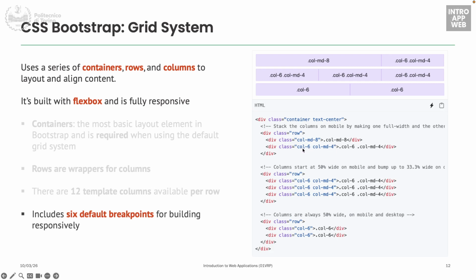In any other screen, or by default, this will occupy half of the screen, no? Because it will occupy 6, and we know we have 12, so this one will occupy half of the screen, okay? What about this one?